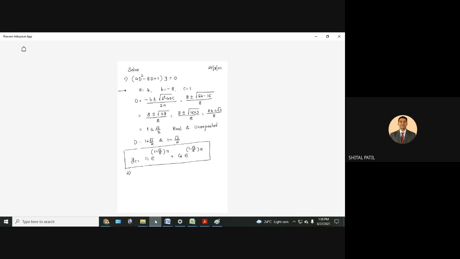Okay, so next. Hope you might have written this. Right, next example: D square minus 2D plus 4Y equal to 0. Actually, it should be written in this way: the auxiliary equation is, and then you find the roots. But you decide, you can skip a few steps, no problem. Ultimately, we should be able to get the required complementary function.